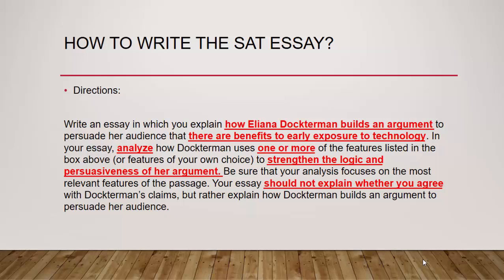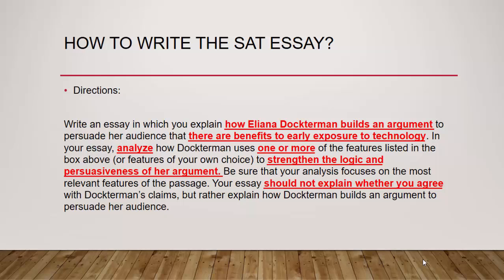Now, how do you write this SAT essay? Write an essay in which you explain how Eliana Doctorman builds an argument to persuade her audience that there are benefits to early exposure to technology. That's her point. All you have to do is analyze how she uses one or more of the features in the box before to prove her point.